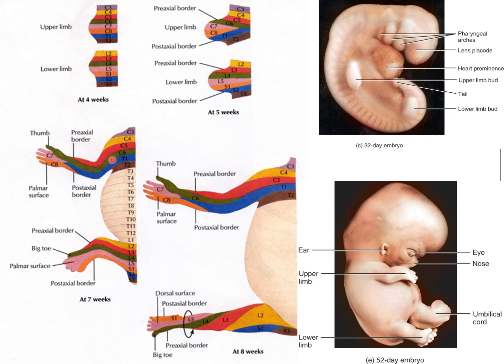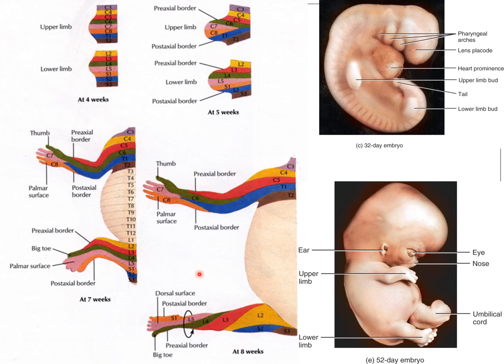So here in the upper limb you can see the preaxial border and postaxial border. As the rotation takes place, as we have already discussed, in the 7th week of intrauterine life, rotation of the limbs takes place. So the flexor compartment appears anteriorly in the upper limb, and the extensor compartment appears anteriorly in the lower limb, because of their rotation.